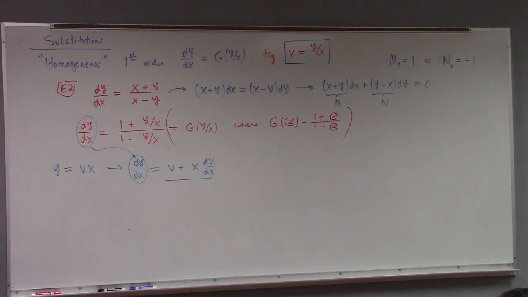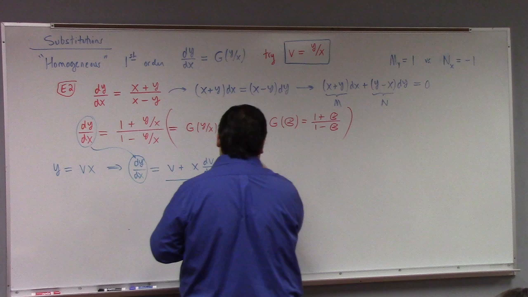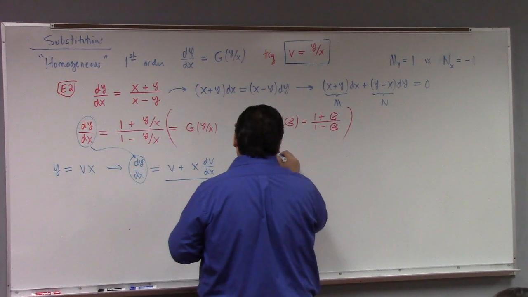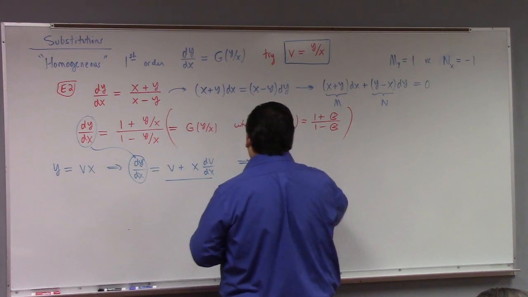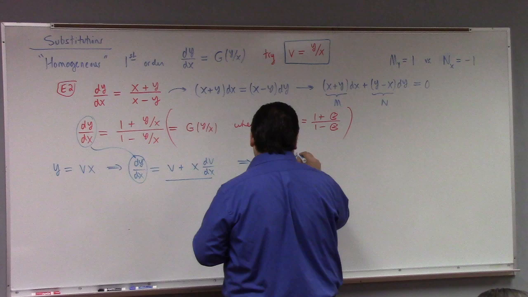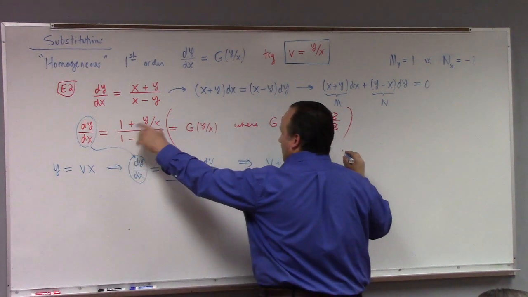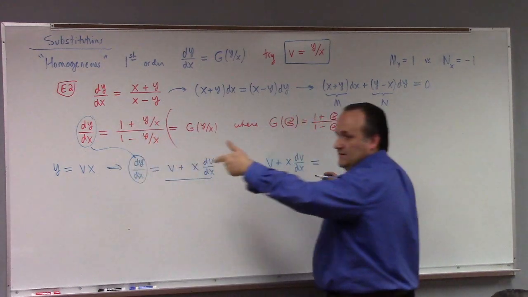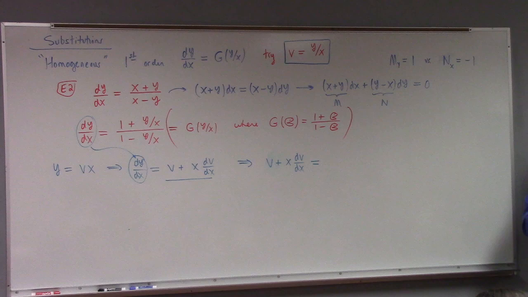So in terms of v and x, what's the differential equation I have to solve? Oh, my bad. I'm up against v plus x dv/dx equals what? Now the other side of the differential equation we also have to convert to v, but we already did the algebra, so it's simple.